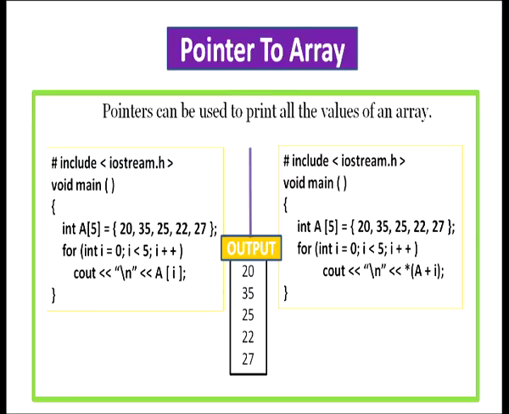Similarly, when i becomes 2, it will become a + 2, that is the third element of the array, and *(a + 2) gives the value 25. This process will go on till the loop finishes and terminates.